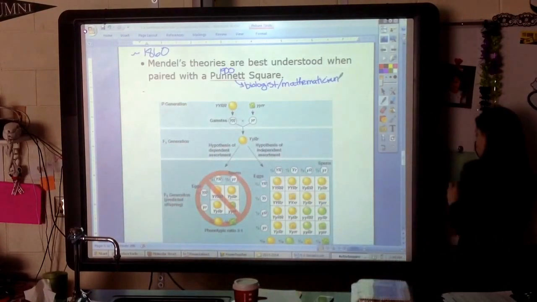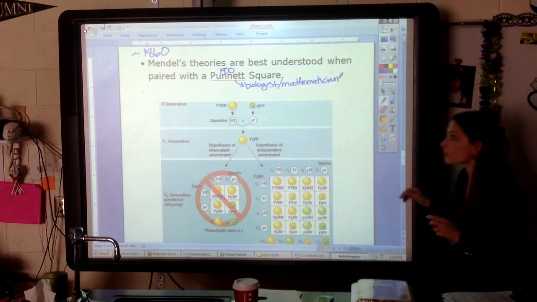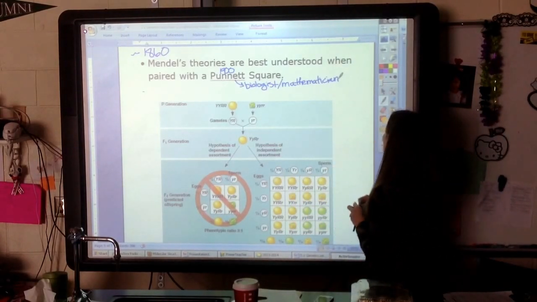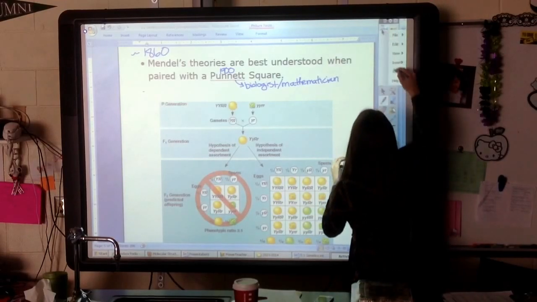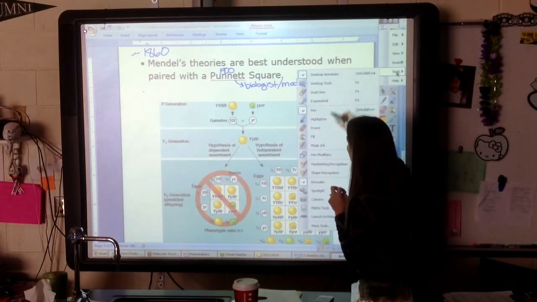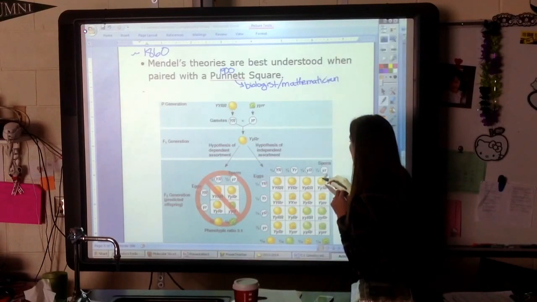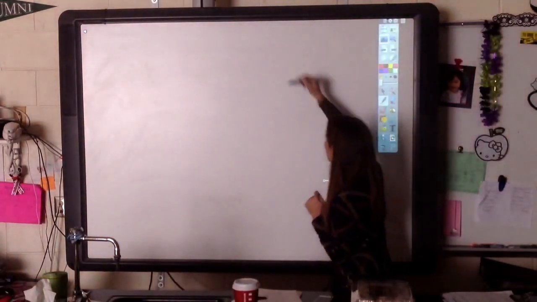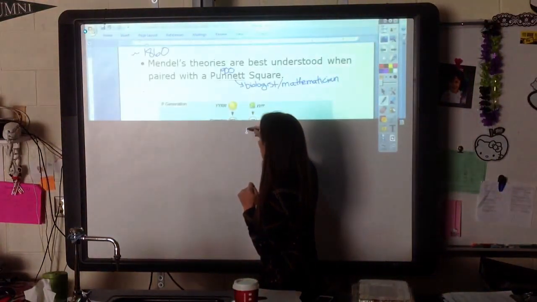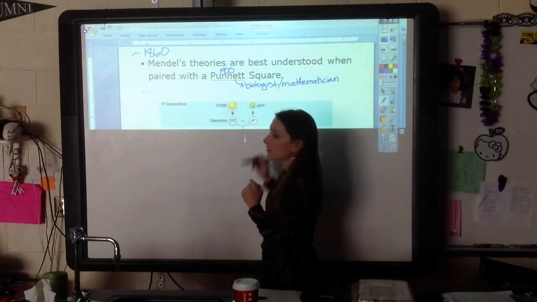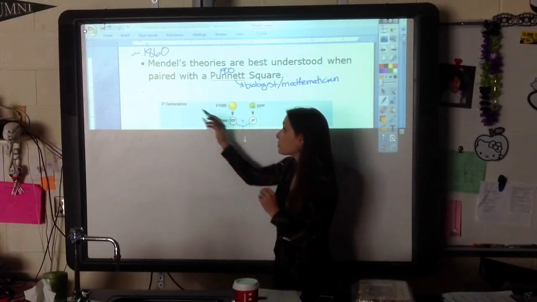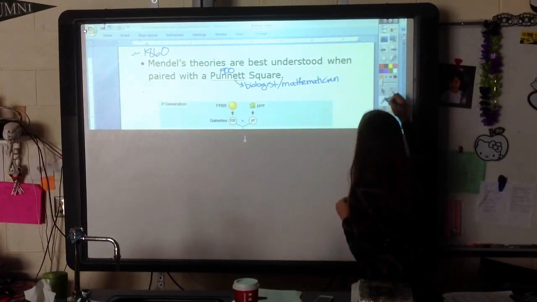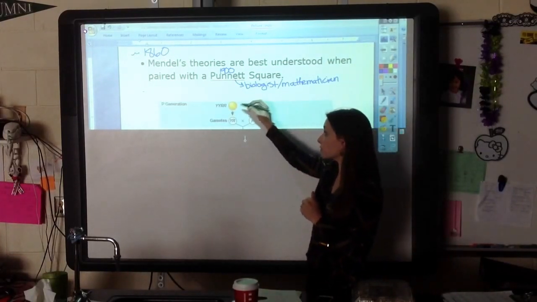So what I'm going to do is cover up part of this picture, because if you try to look at the whole picture, it's pretty confusing. But if we start by just looking at the top of this picture, if we just look here at the P generation, the parental generation, we can see that the parent will produce gametes.